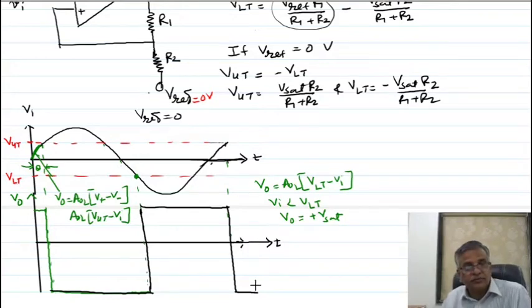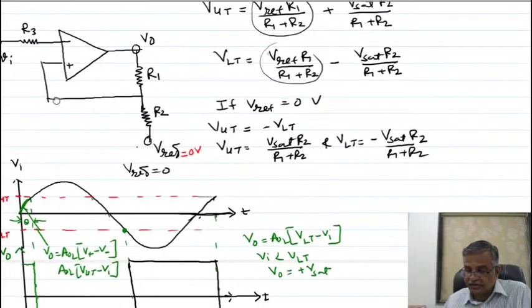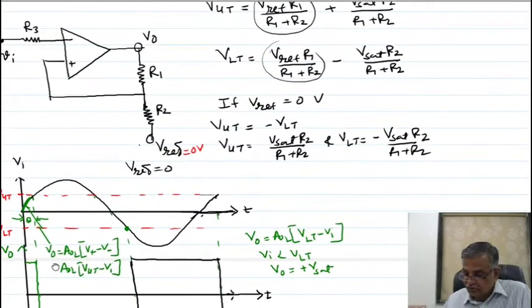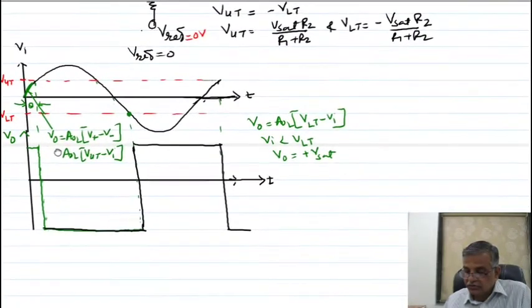On the basis of this, I am discussing one numerical also. When V reference is kept 0 volt and you apply the sine wave to such a comparator circuit, then you will get a symmetrical square wave.